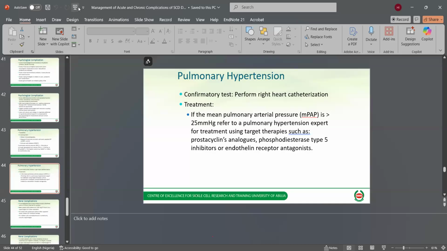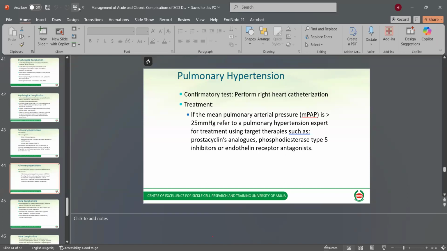And this confirmatory test is right heart catheterization. Fortunately, it is not commonly available, but patients can be referred to centers where it is available, or should be referred to pulmonary hypertension specialists.